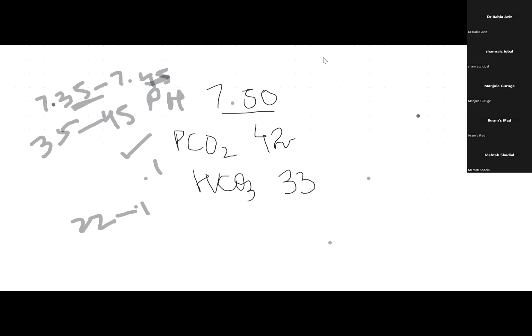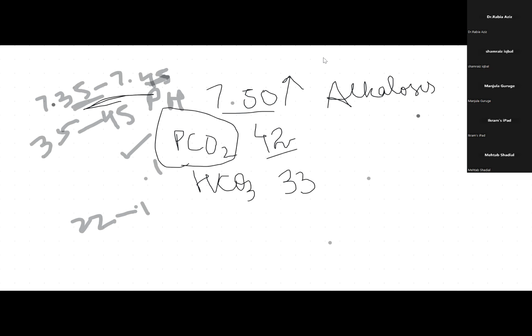7.35 to 7.45 is the normal range of the pH, and here it is 7.50, so it is raised. It is alkalosis. What about this 42? Looking at the carbon dioxide, this is normal. 22 to 28 is the normal values for bicarbonate, so this is raised.